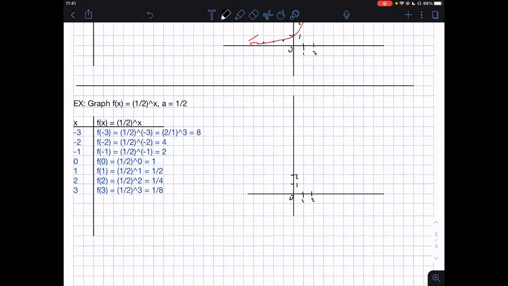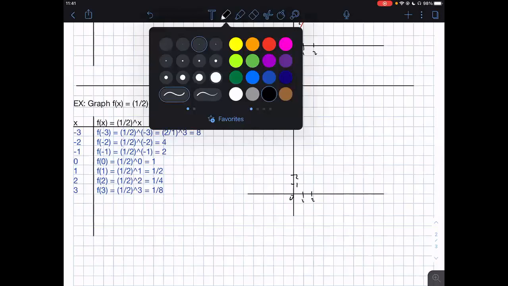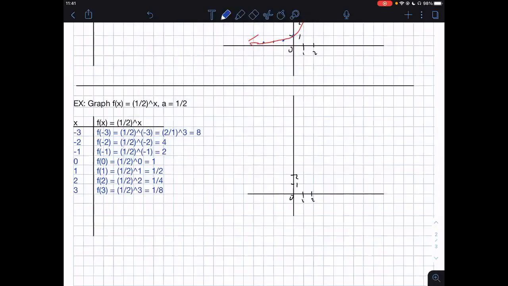So the first point that we have is -3, 8. So -3, 1, 2, 3, 4, 5, 6, 7, 8. Let me double check: 3, 4, 5, 6, 7, 8. -3, 8.